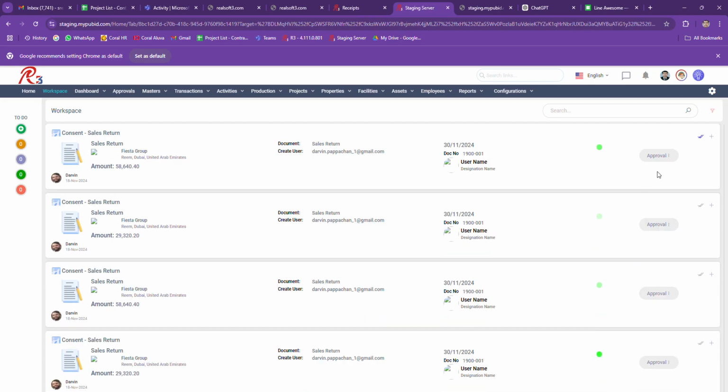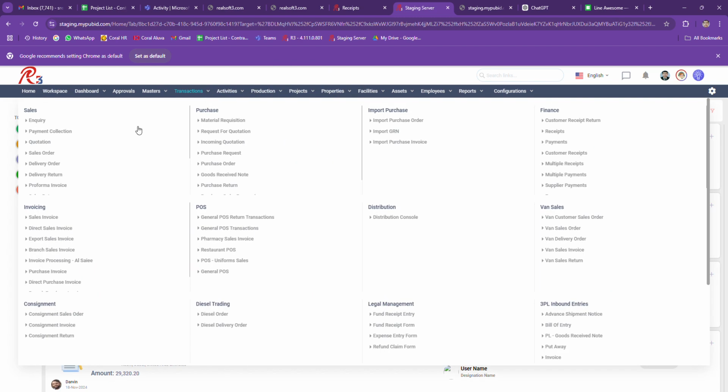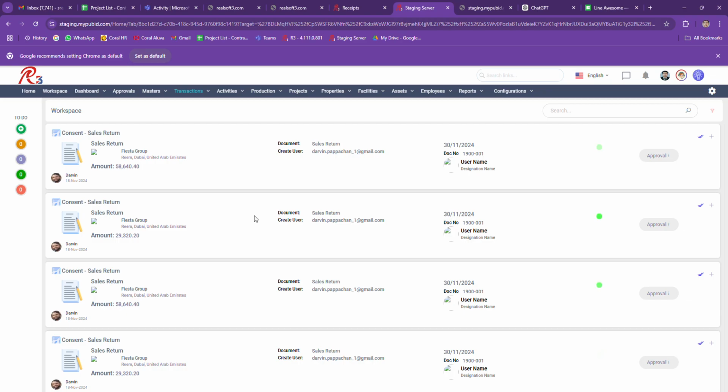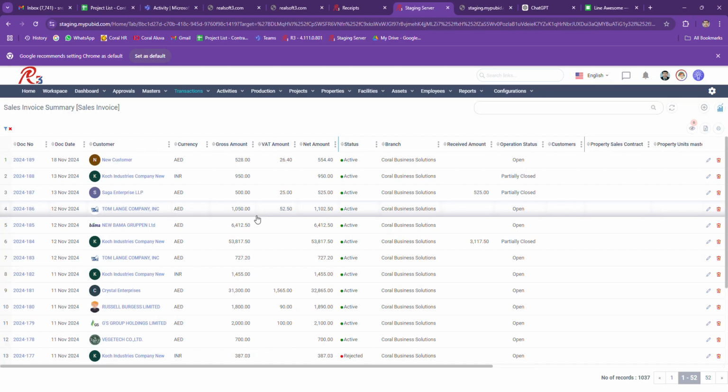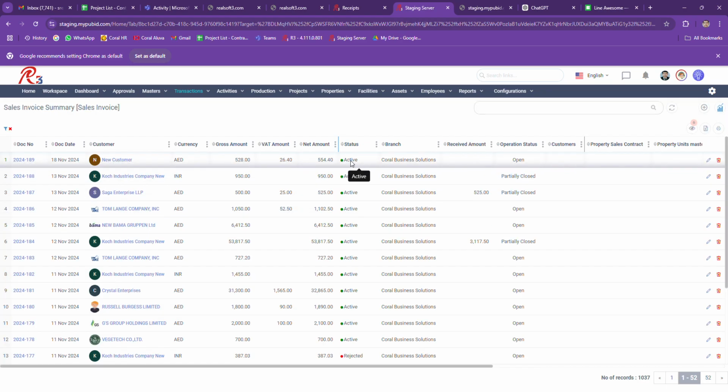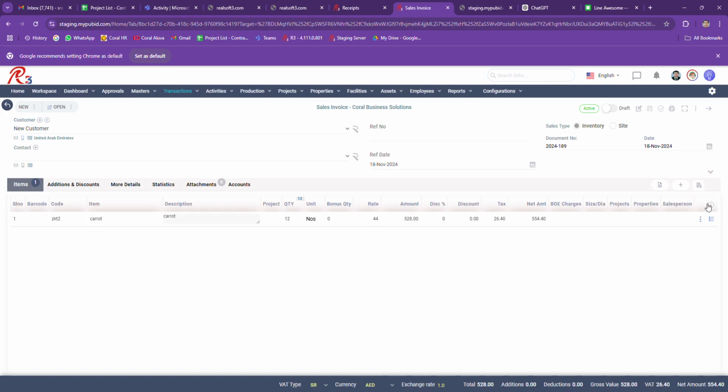Maybe this approval is needed more than once. That also is possible. So go back to this particular entry. Sales invoice. Now you can see the entry here and go here. Then you will understand, you can see this base JV here also, the icon is there.